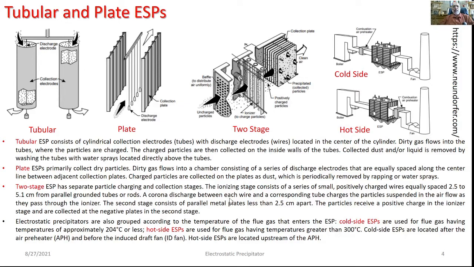A corona discharge between each wire and corresponding tube charges the particles suspended in the airflow as they pass through the ionizer. The second stage consists of parallel plates less than 2.5 cm apart. The particles receive the positive charge in the ionizer and are collected at the negative plates in the second stage.